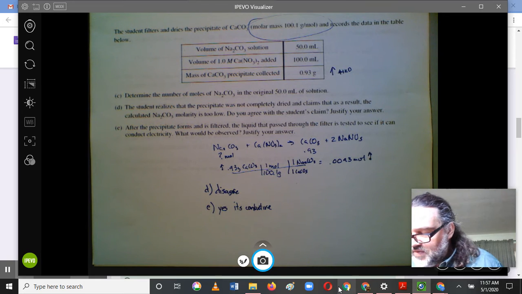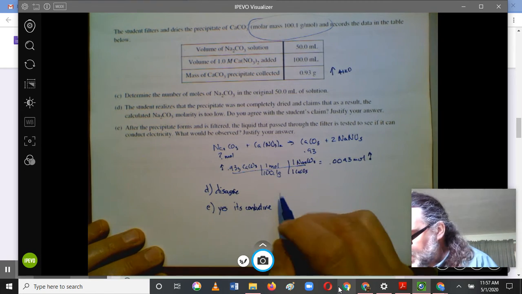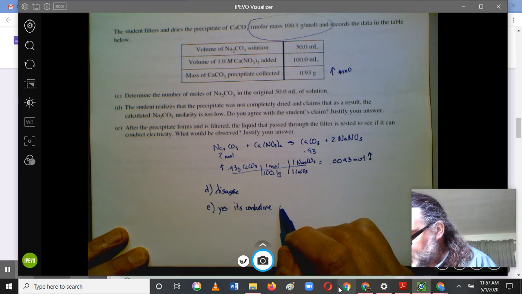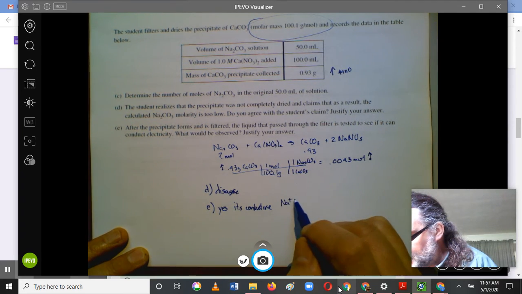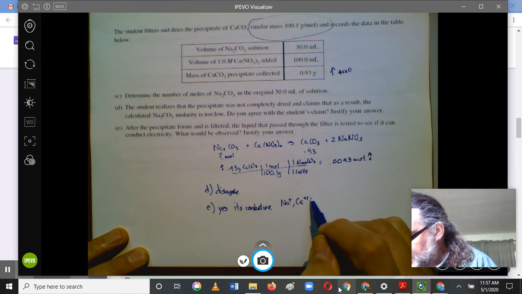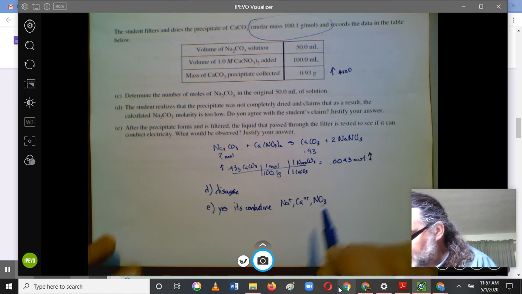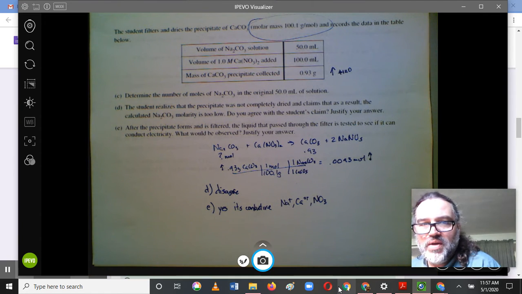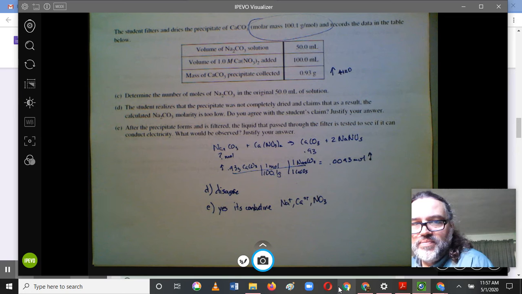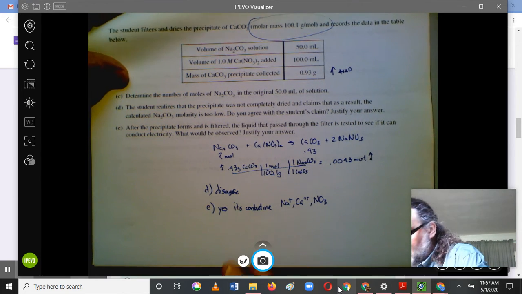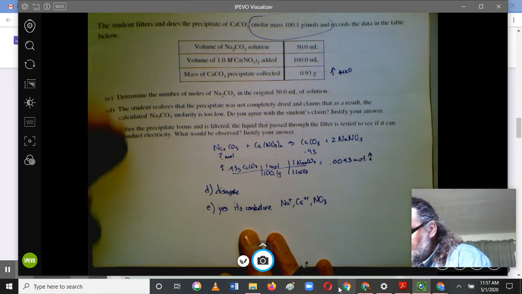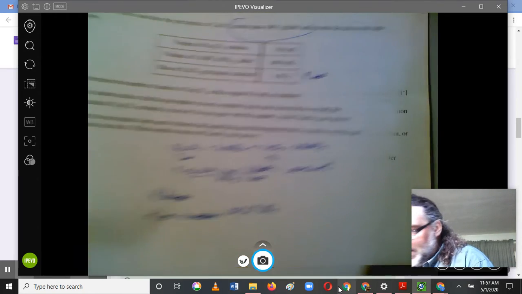The idea, of course, is that it contains all those ions. Anything that has a charge that's able to move, so the sodium ion, the calcium ion, the nitrate ion, all of those are present, able to move. That's what would be observed, and I would explain it with the idea of mobile ions.